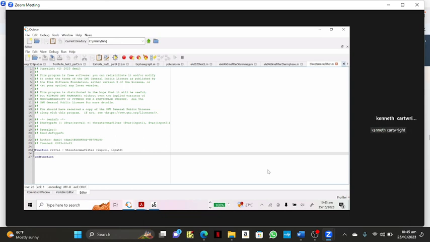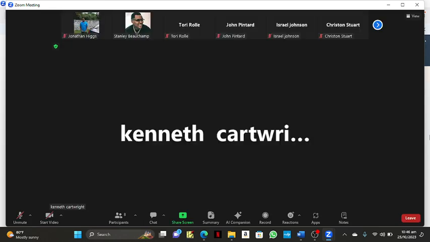0 to pi. So what's my first line here going to be? I'm trying to create a graph. What's my first line going to be?